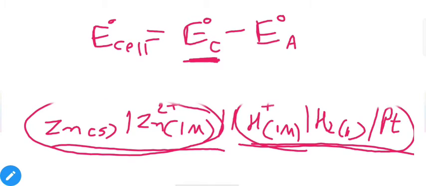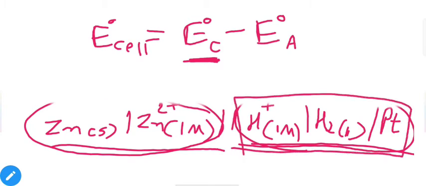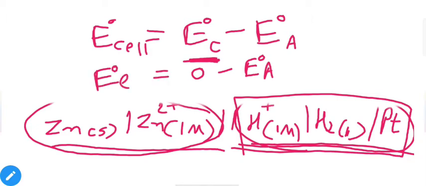We know that the value of hydrogen will always be 0, and hydrogen is our cathode. So in this case it is 0 minus the reduction potential of the anode, and it will be equal to the E cell or cell potential of our cell.